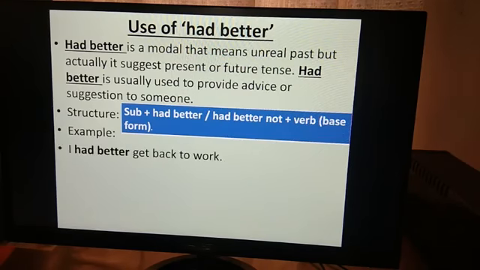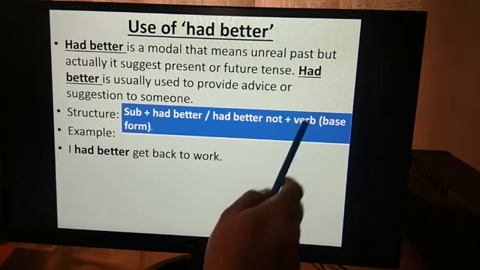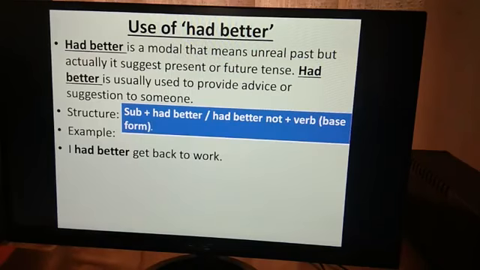So the example comes like this. I had better get back to work. Okay. So I is the subject, had better, this is an affirmative sentence, so I have taken only had better. Get back, get is the verb in base form, and the other words are extension.